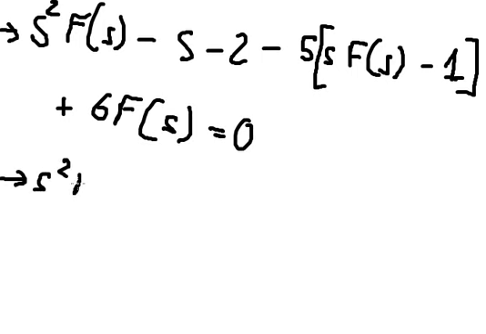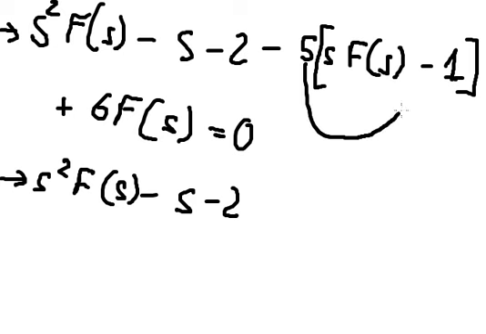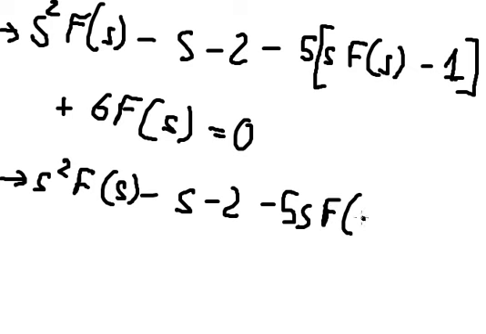So negative 5 multiplied by this one, and this one with negative 1. So this one we have positive 5.